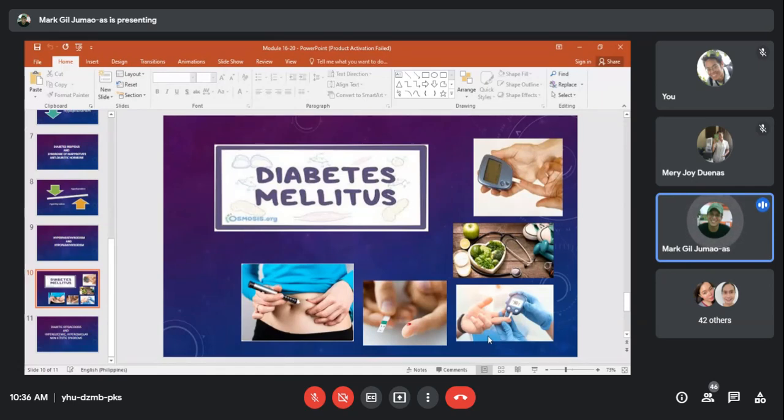It's because what is happening there is that there is insulin, but unfortunately the insulin is not properly used in order to maximize the level of glucose within the bloodstream. So that's your diabetes mellitus type 2.